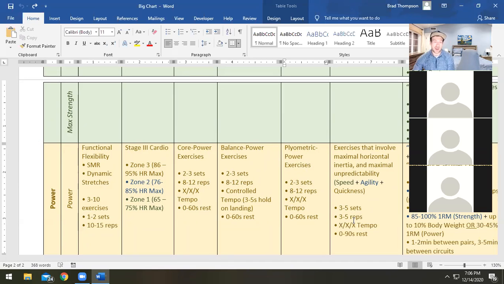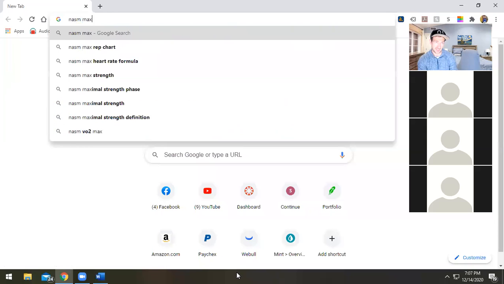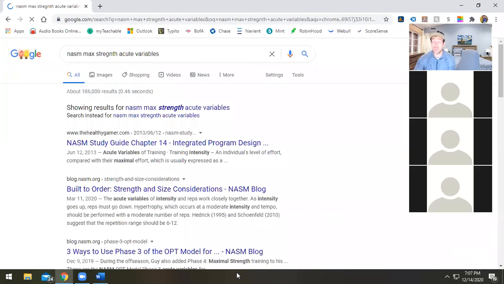Kind of. So I want to show you. Let me pull up max strength here real quick, or power, actually, for that matter. Let's see here. NASM max strength. So if you look on page, what was it? It's 379 for stabilization, I want to say, 381 for strength endurance.